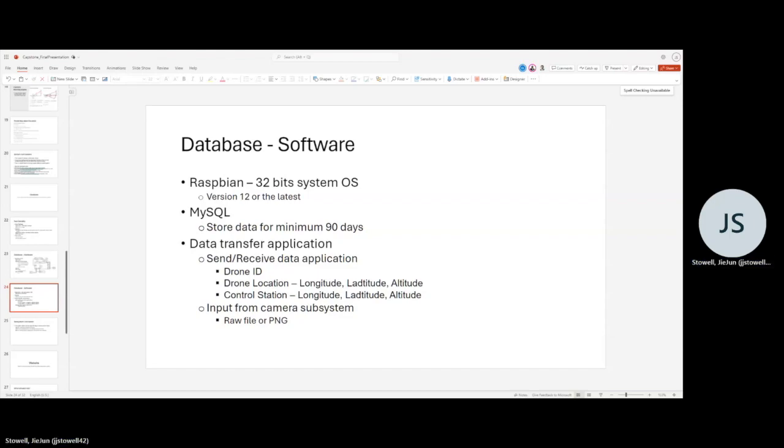And when the camera tracks down the position of either the drone or the control station, then I will receive an input from the camera system, which includes a bunch of raw files or PNG.